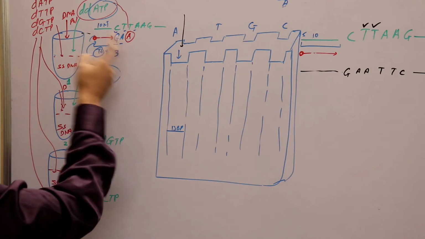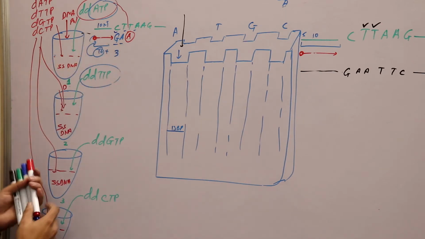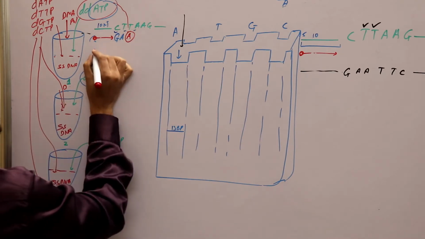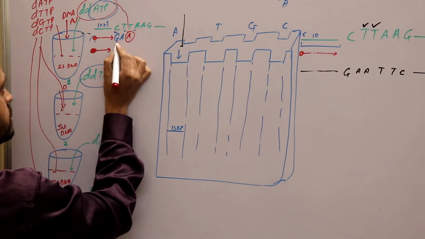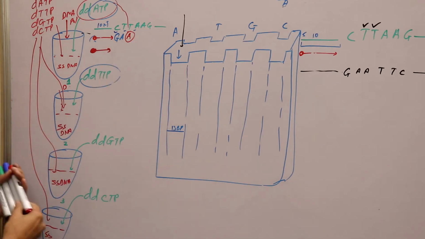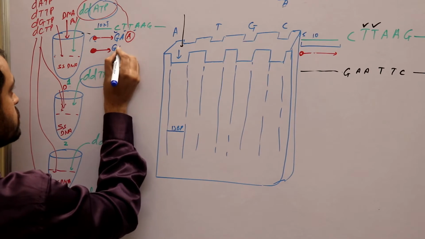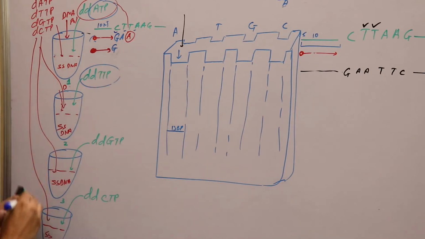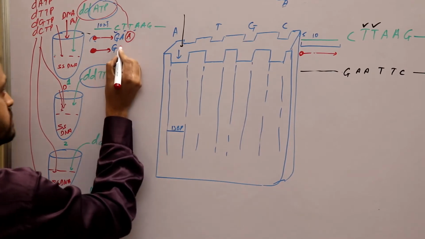Now listen. In the second cycle, suppose this is 10 nucleotides again, then G, A. Now listen, in the second cycle, what has happened is the second A is actually ddATP.